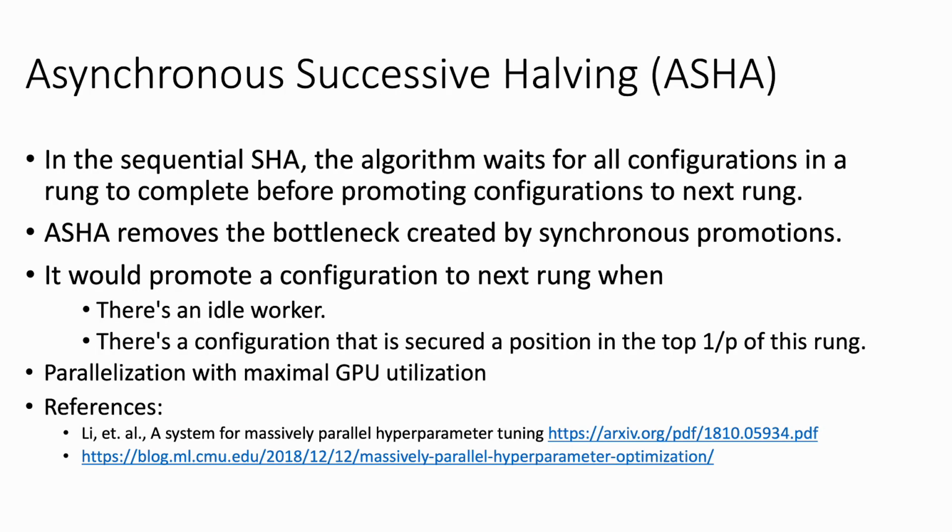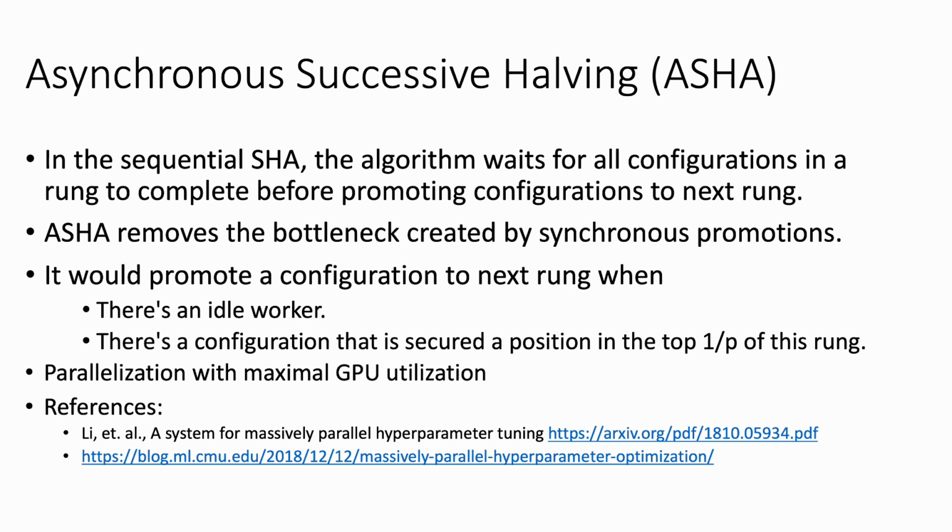In terms of our toolkit, we implemented an asynchronous version of successive halving, or ASHA. In sequential successive halving, the algorithm waits for all configurations in a run to complete before promoting any of them to the next run.